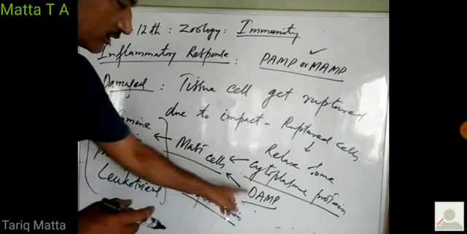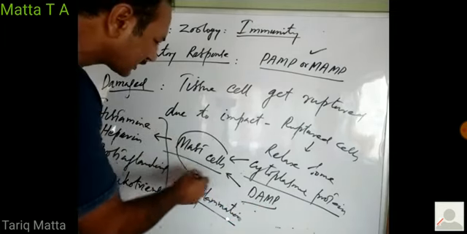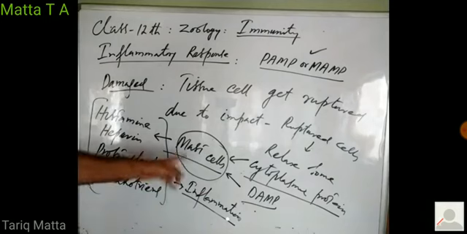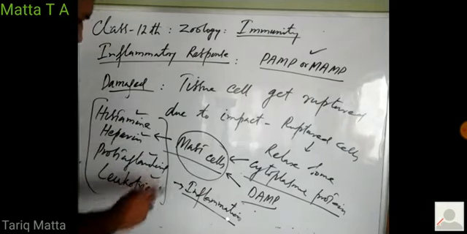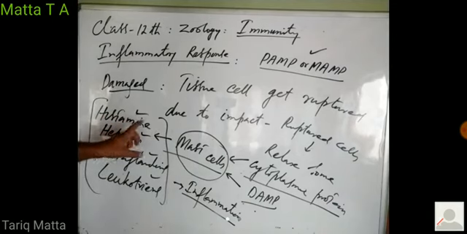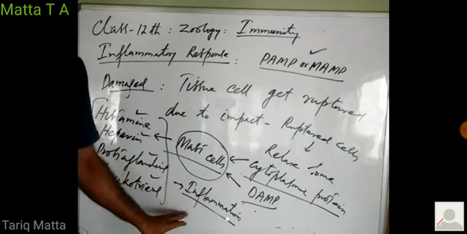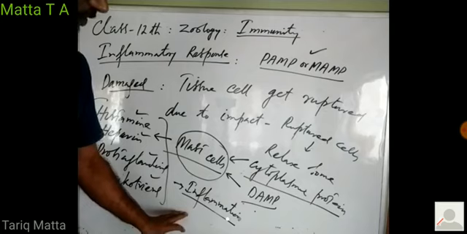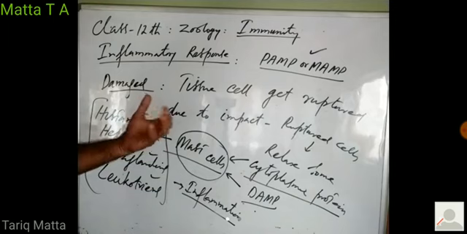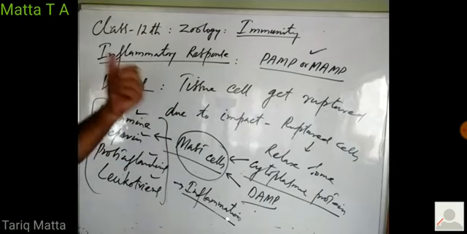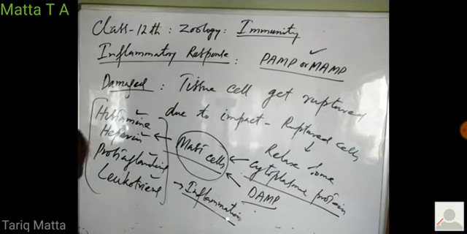These damage-associated molecular patterns bind to mast cells, and the mast cells get stimulated and release histamine, heparin, prostaglandins, and leukotrienes, and these chemical substances cause the inflammation. So this is the inflammatory response developed on injury, when we are hit by something.